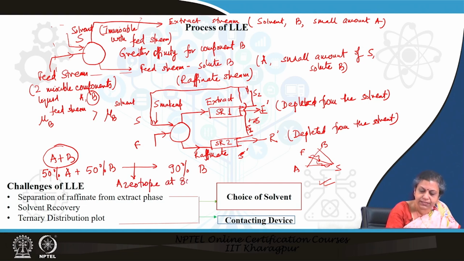So, therefore, when we start distilling, B is the more volatile component.